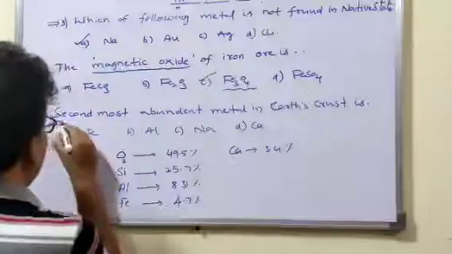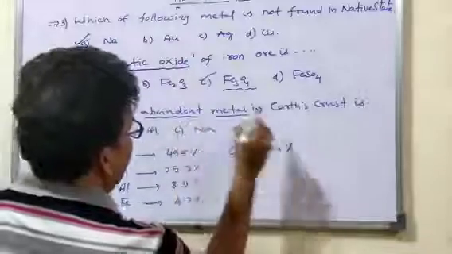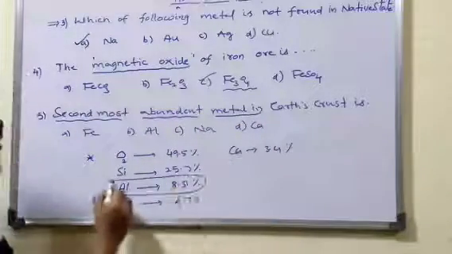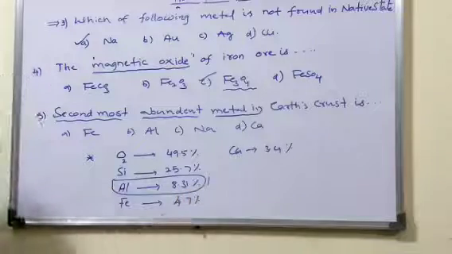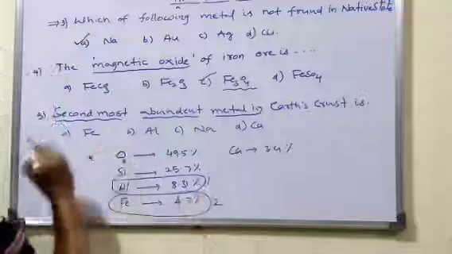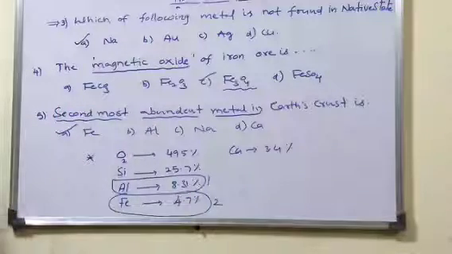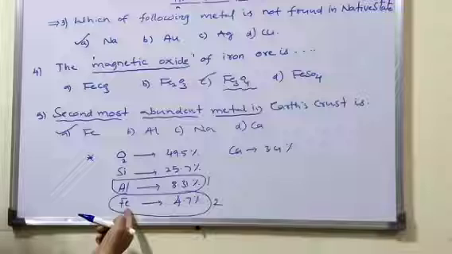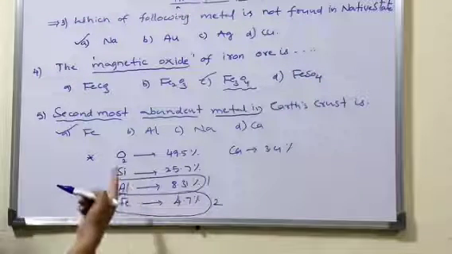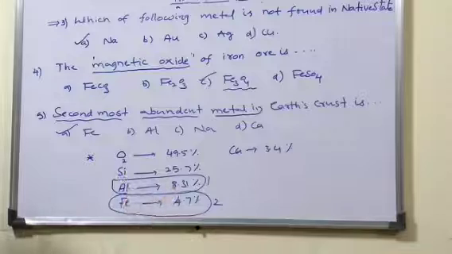Second most abundant metal. Among metals, aluminum is top, means first, and iron is second. So answer is A. Iron is second most abundant metal and aluminum is most abundant metal.